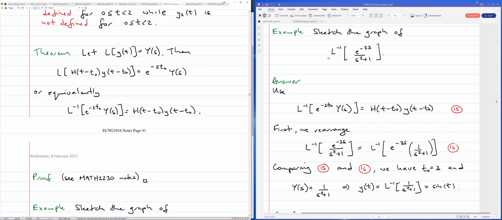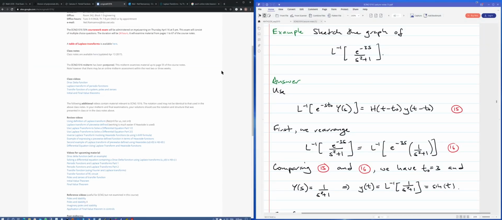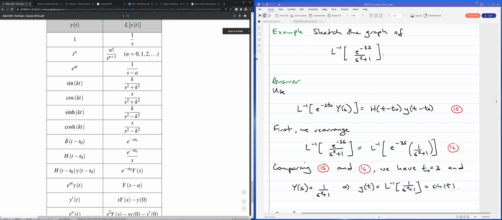Alright, so we want to get the Laplace inverse of this function of s, and notice it has an e to the minus 3s in it. This sort of function of s is not something that we saw in our table. The only ones we would consider in this class are these two.